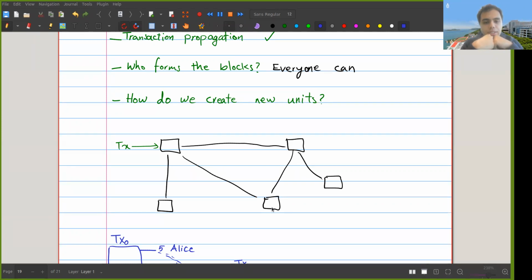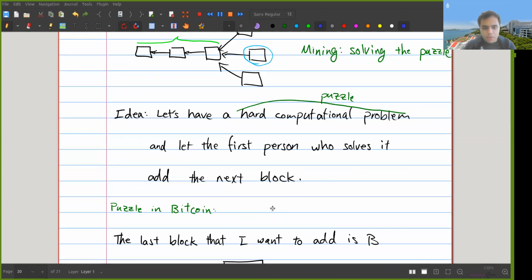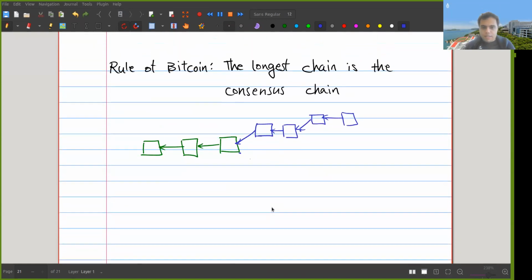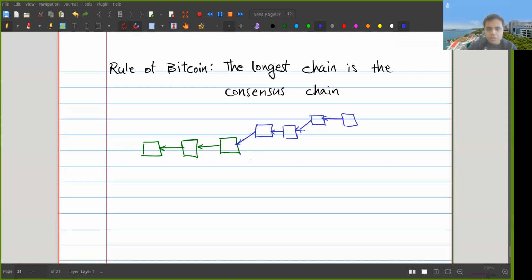But before doing this, before the announcement, you make sure that the transaction is valid. You make sure that it has the right signatures. You do the same thing for blocks. So suppose that this is your blockchain until this point, and let's say that someone wants to add a new block at the end of it, but this block contains an invalid transaction.